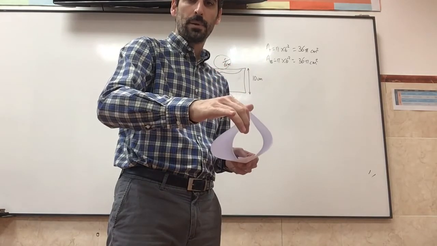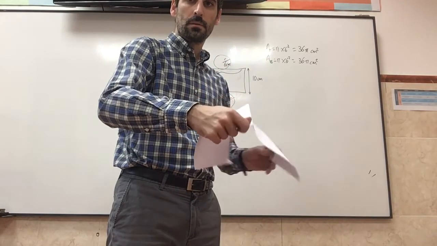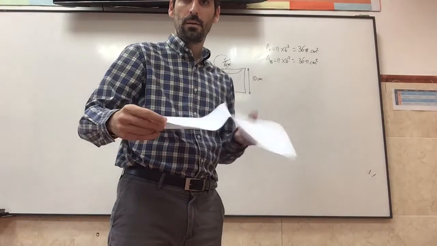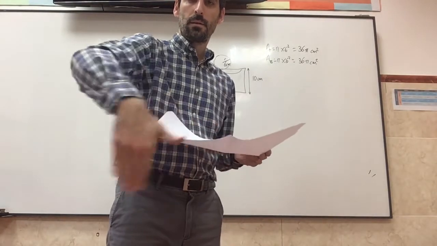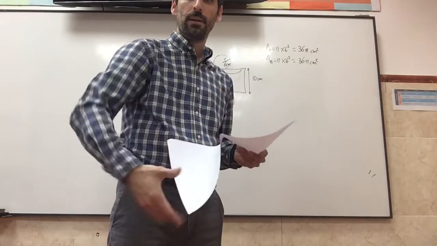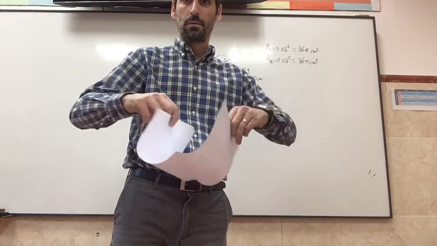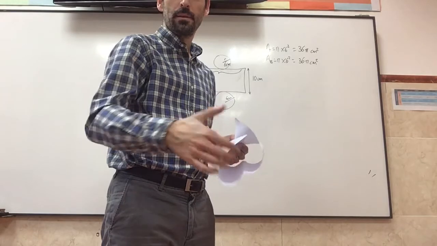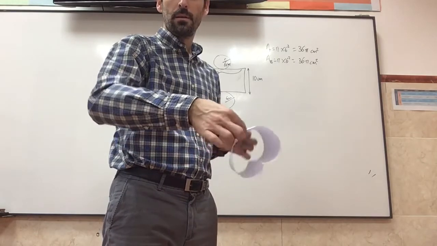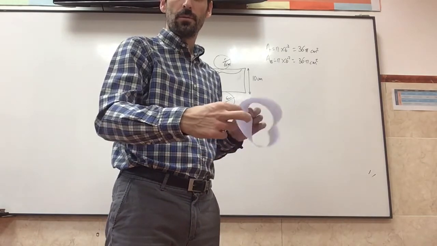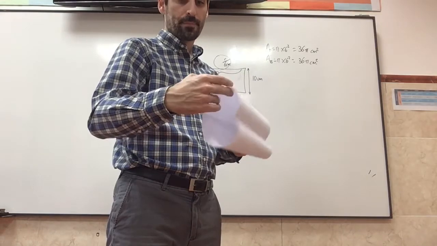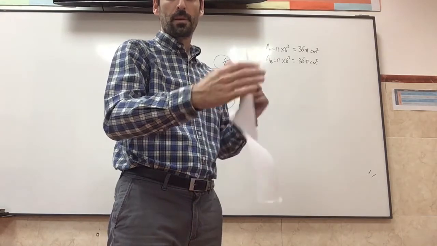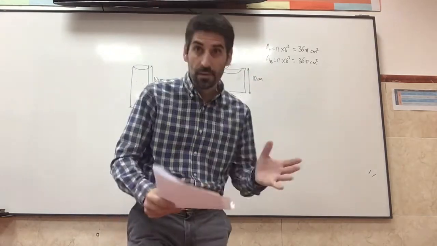If I cut it open, that would be the length of the circumference, isn't it? Because if I fold it back on, there you go, that would be the circumference, and if I open it, that's the length of the cylinder.